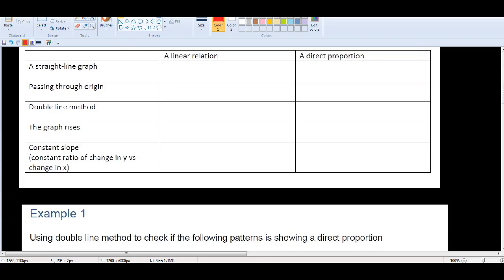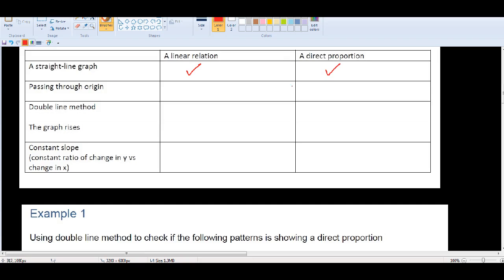Let's make some comparisons between a linear relation and a direct proportion. First of all, is a linear relation a straight line graph? Yes, it must be. Is a direct proportion a straight line graph?